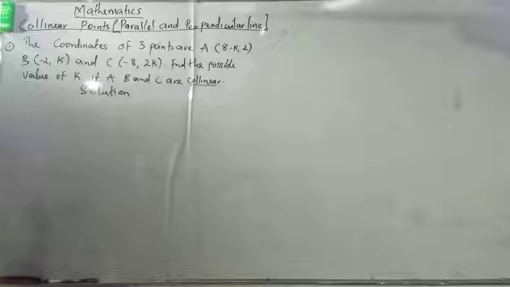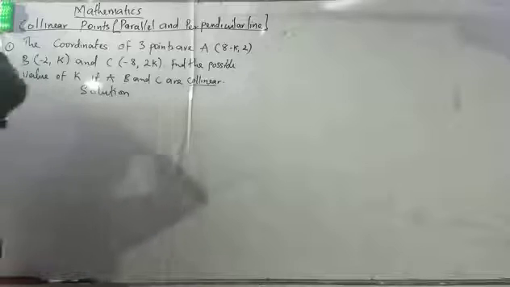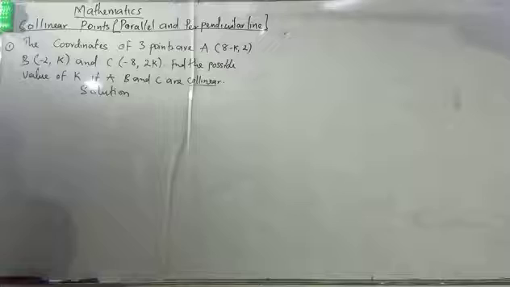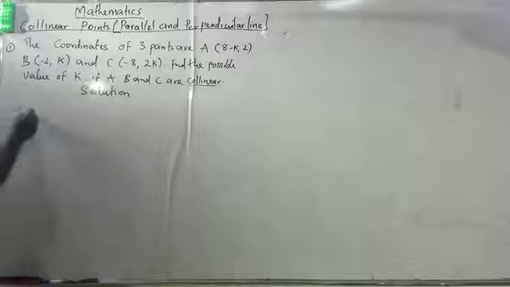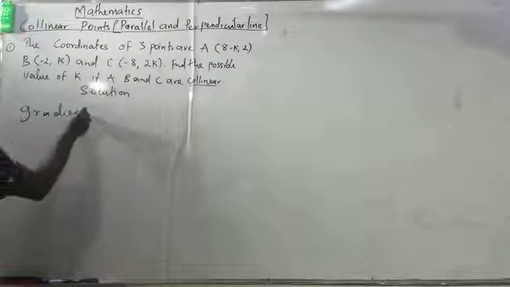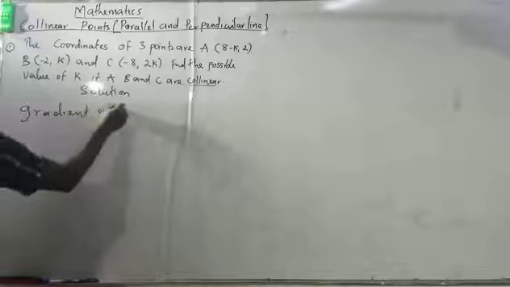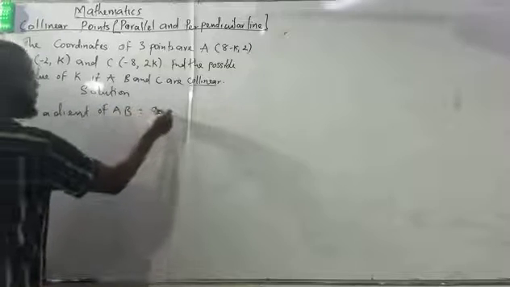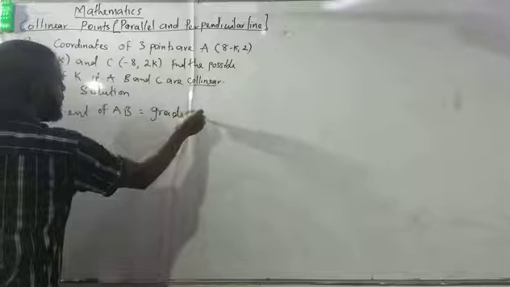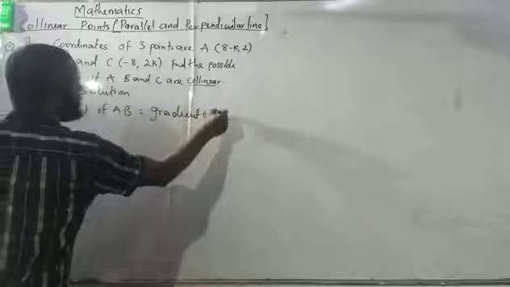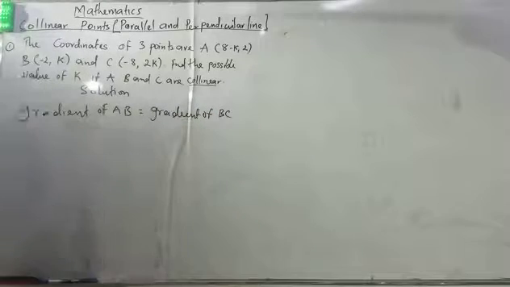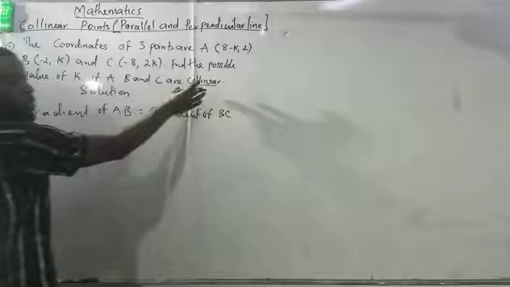What you just need to do is, when points are collinear, the gradient of AB equals the gradient of BC. That is very, very important because that is the meaning of collinear.